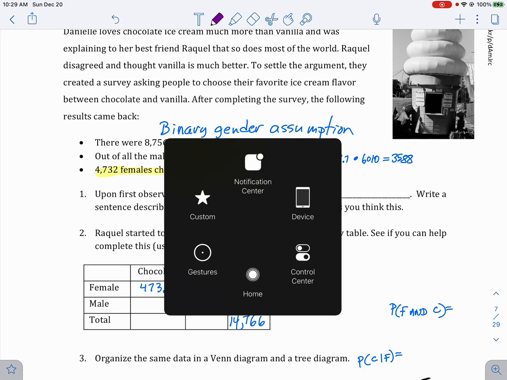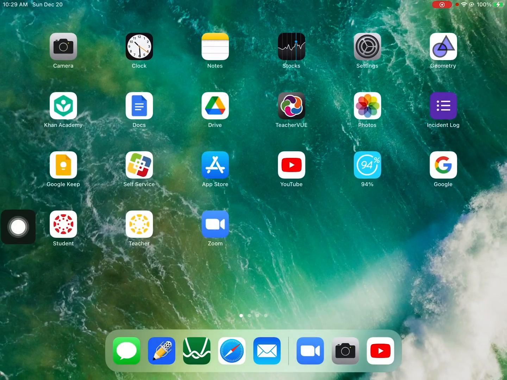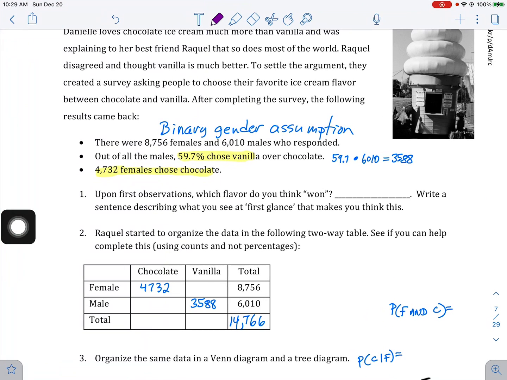So they give you some information to start. There we go. Okay, they give you some numbers, females, males, so you've got the total. They gave you a percent of vanilla for males.